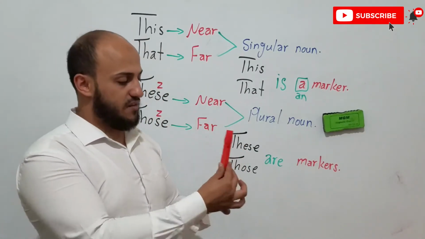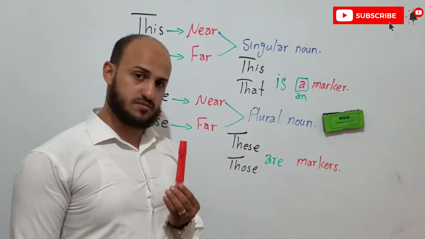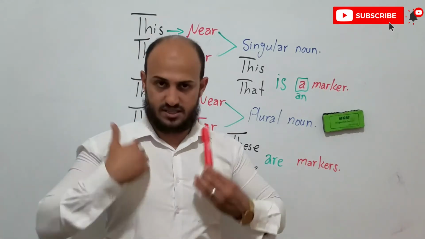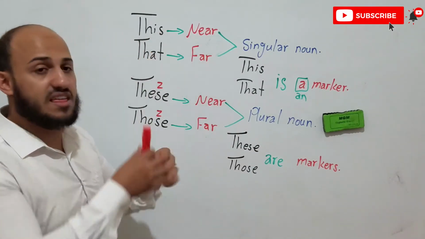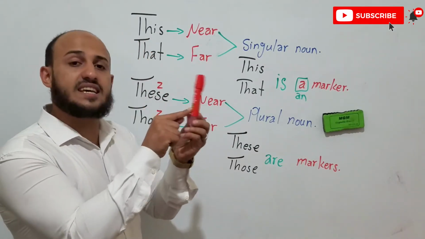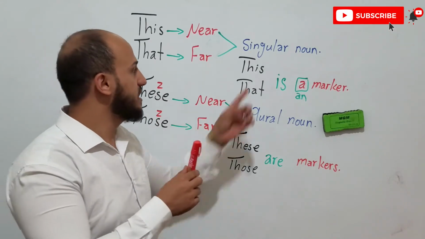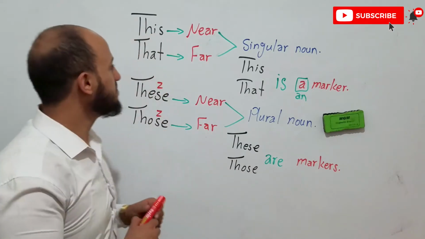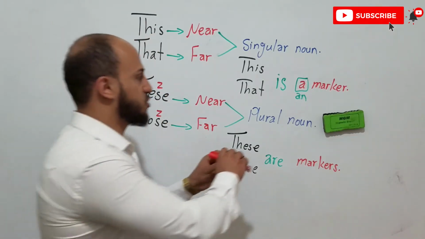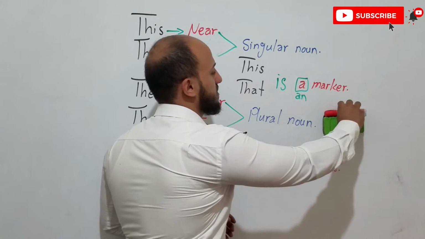Focus. If you have the object here, it is near. So with near, I say this, singular. This is a marker. See? This is a marker. Very good. But if I put this one here, please.